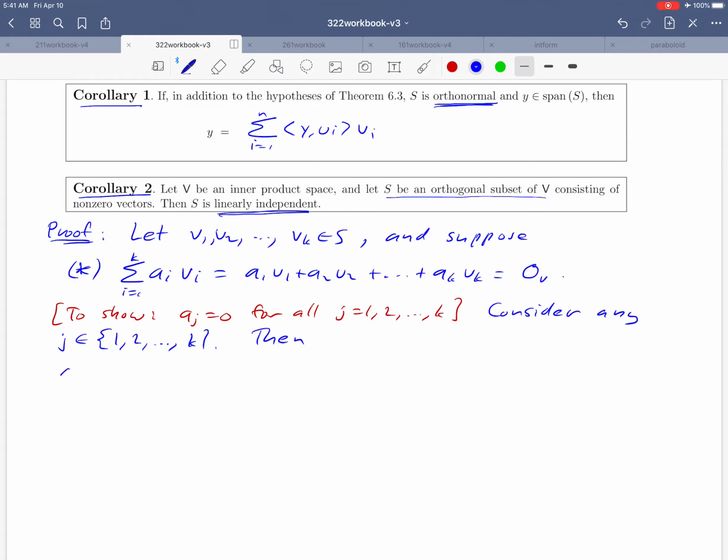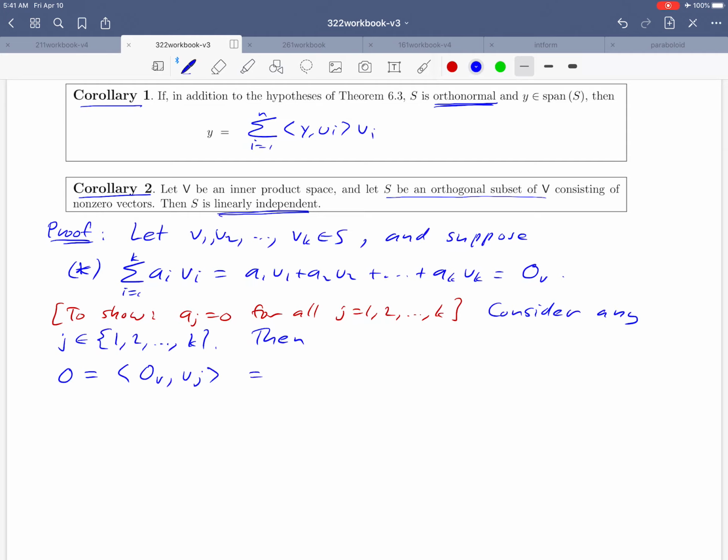Okay, so notice that the scalar 0 is the inner product of the 0 vector, 0v, with vj. That was one of our properties of an inner product. If you take the inner product of the 0 vector with anything, you get the 0 scalar.